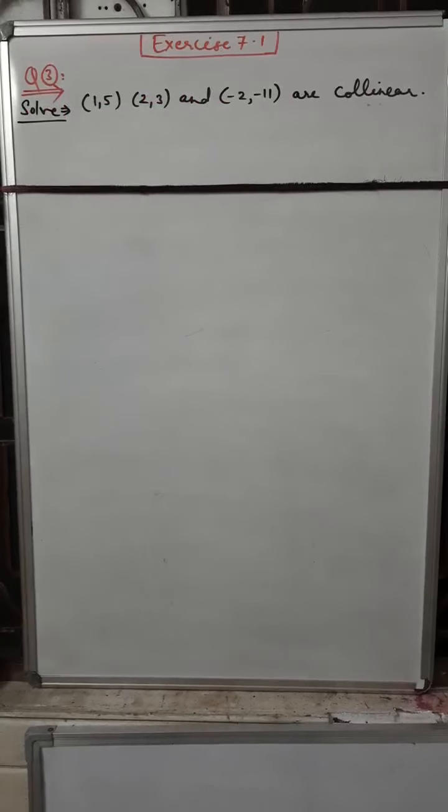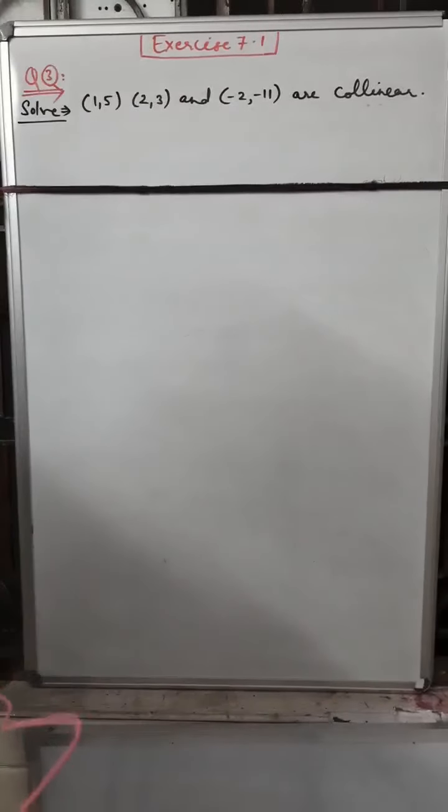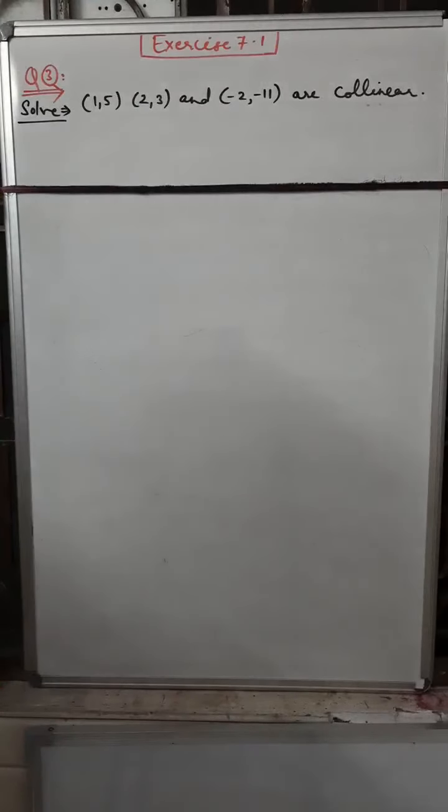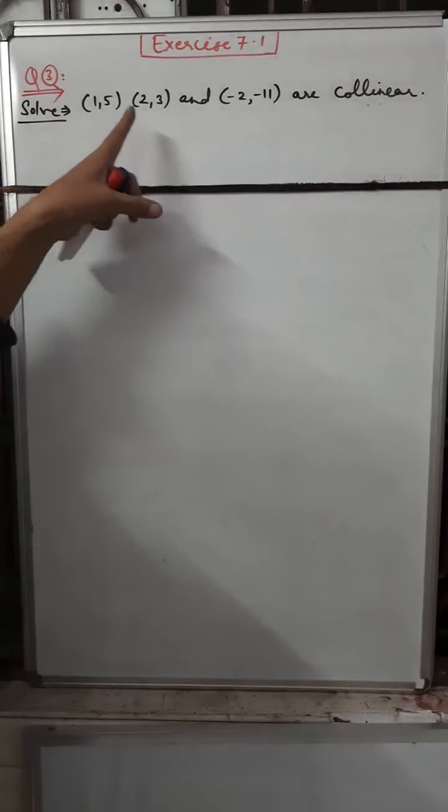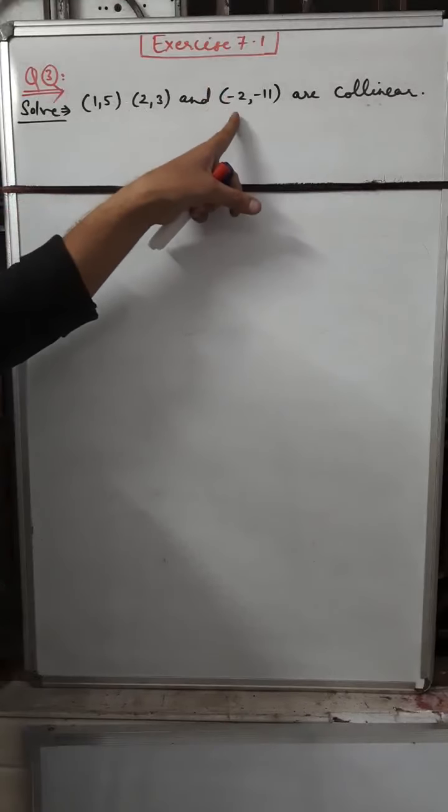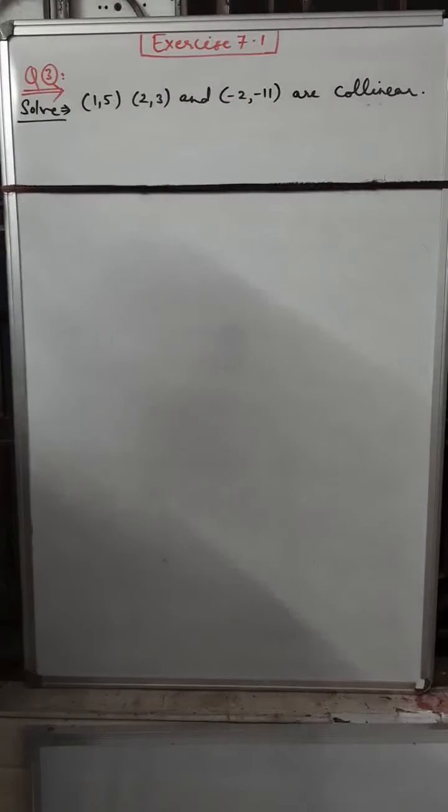Students, now we will solve question number 3. Question number 3 is that we have to prove that the points 1 comma 5, 2 comma 3 and minus 2 comma minus 11 are collinear.